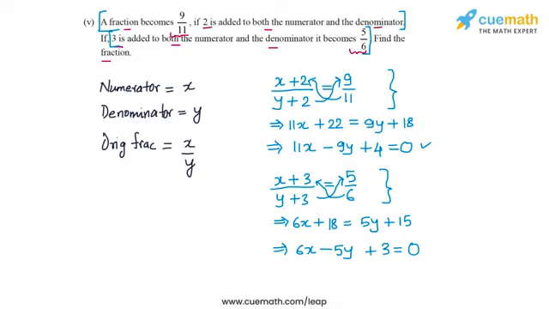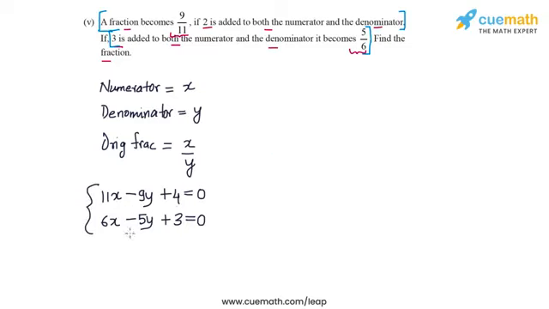So the two equations that we get in this situation are 11x minus 9y plus 4 equal to 0 and 6x minus 5y plus 3 equal to 0. Now what we have to do is solve this pair of equations by substitution and find the values of x and y. So let's do that now.